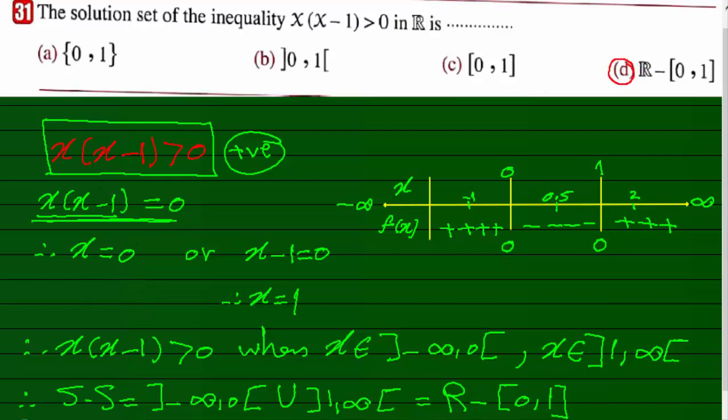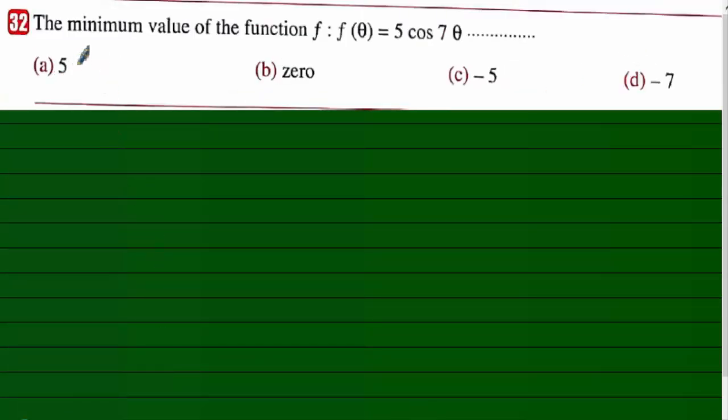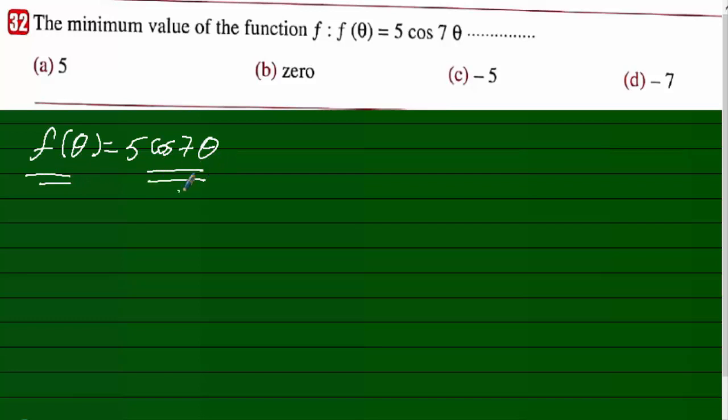Question number 32. Here we have the minimum value of the function. I write it first: f of theta equals 5 cosine 7 theta. The value of this function depends on cosine 7 theta.